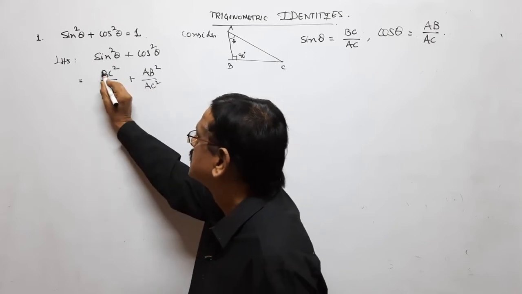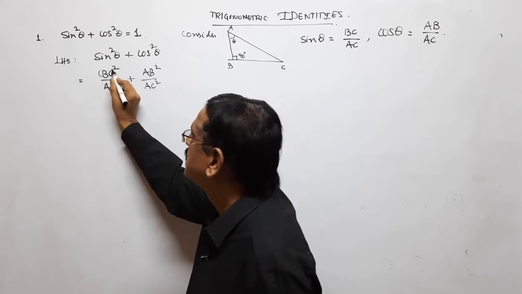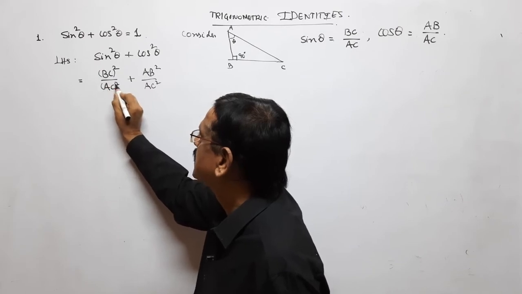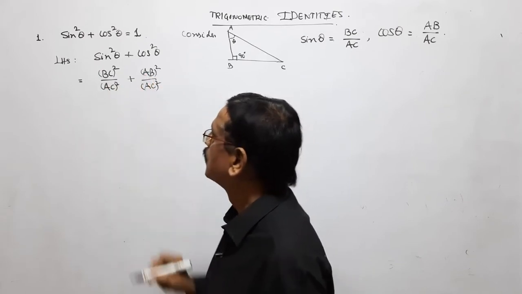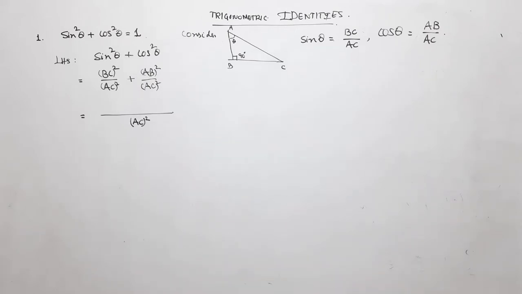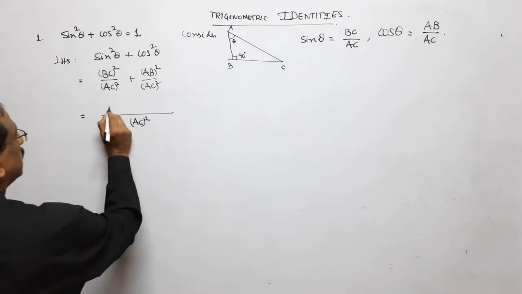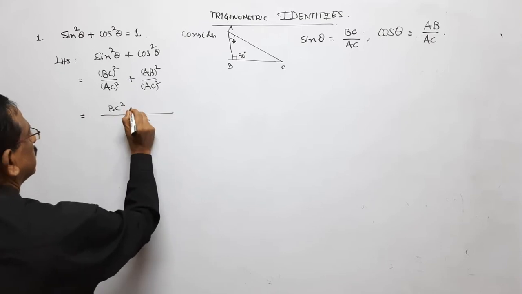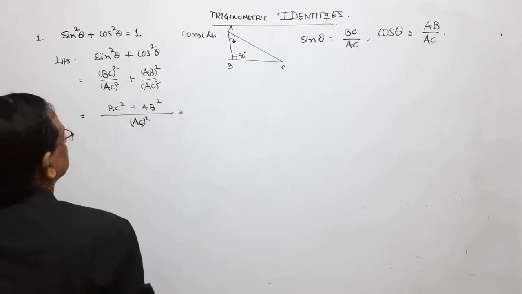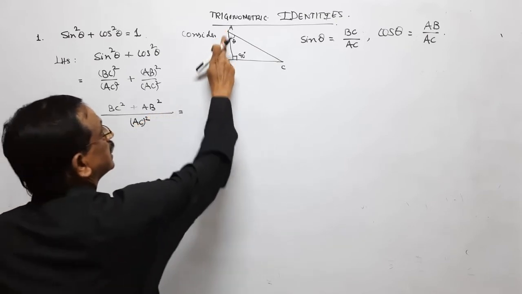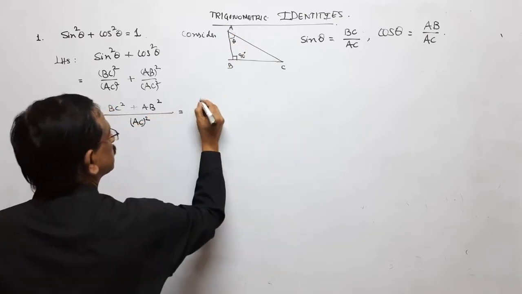Remember again, BC square means BC whole square, AC square means AC whole square, AB whole square by AC square. So this is BC square plus AB square, which is equal to, by Pythagorean, AB square plus BC square is AC square.